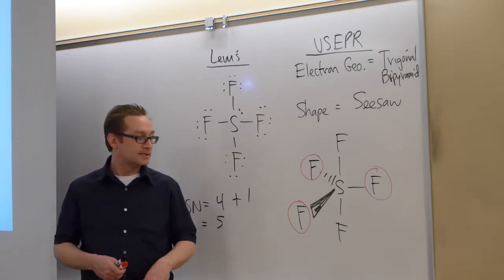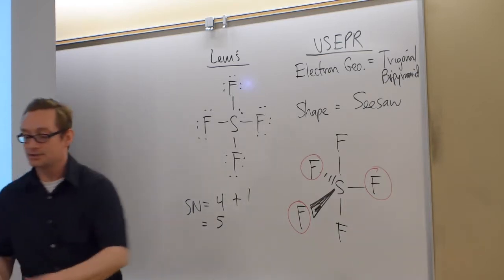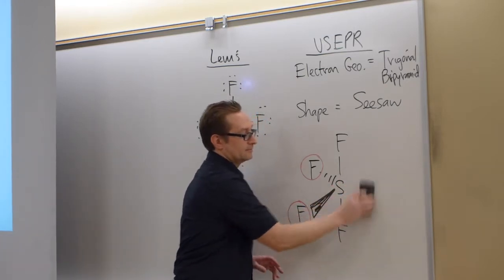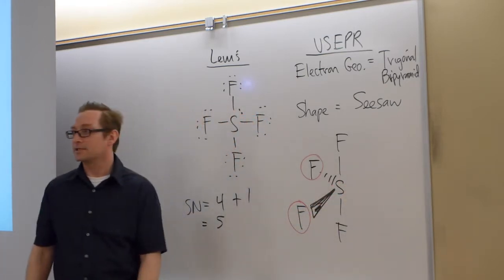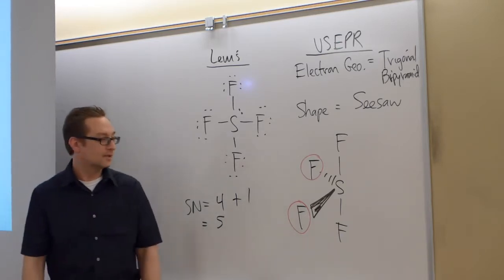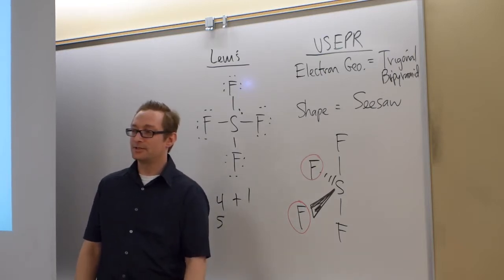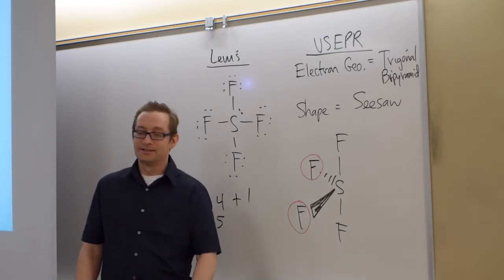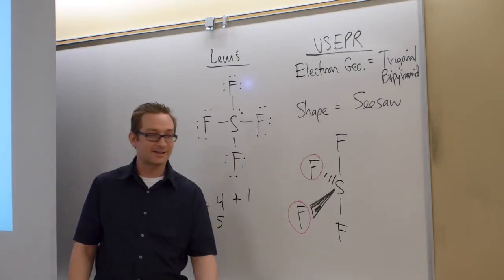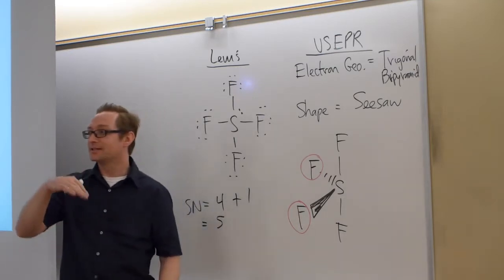But for the sake of drawing what could possibly look like a seesaw shape, I'm going to go ahead and take off this guy. And there's my VSEPR sketch. Now if you really want to tweak your neck, just tilt your head this way, and it'll look like a seesaw on two legs.